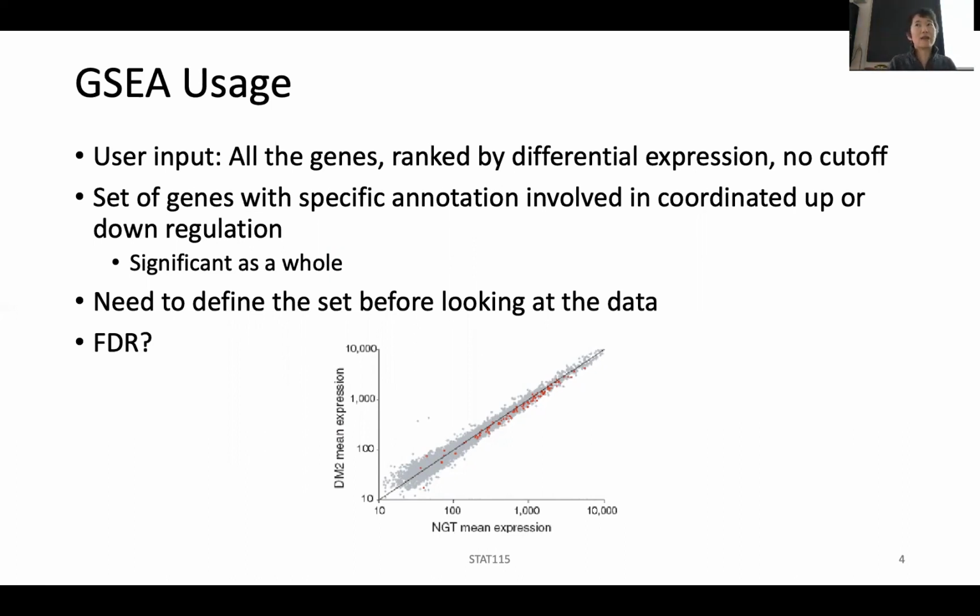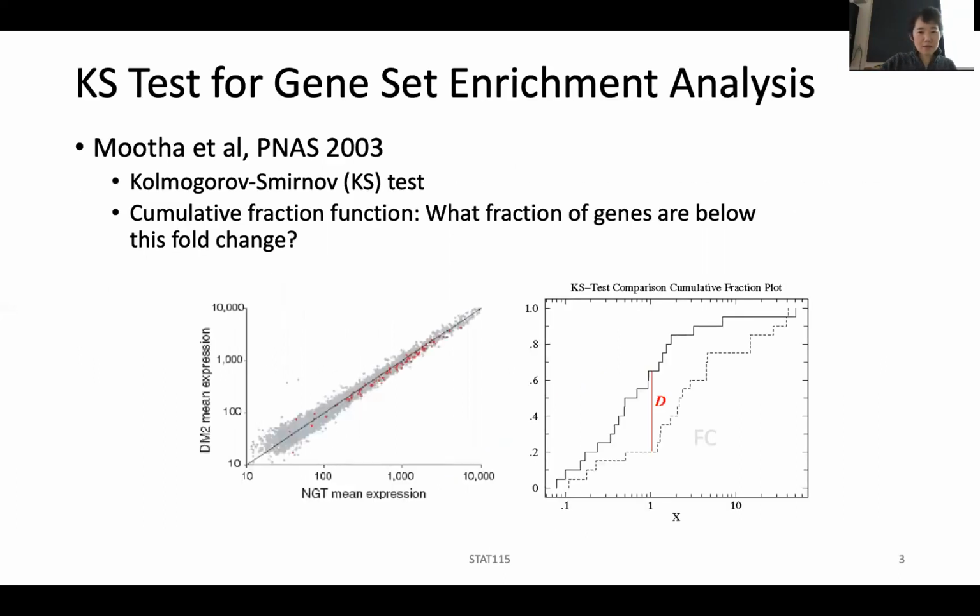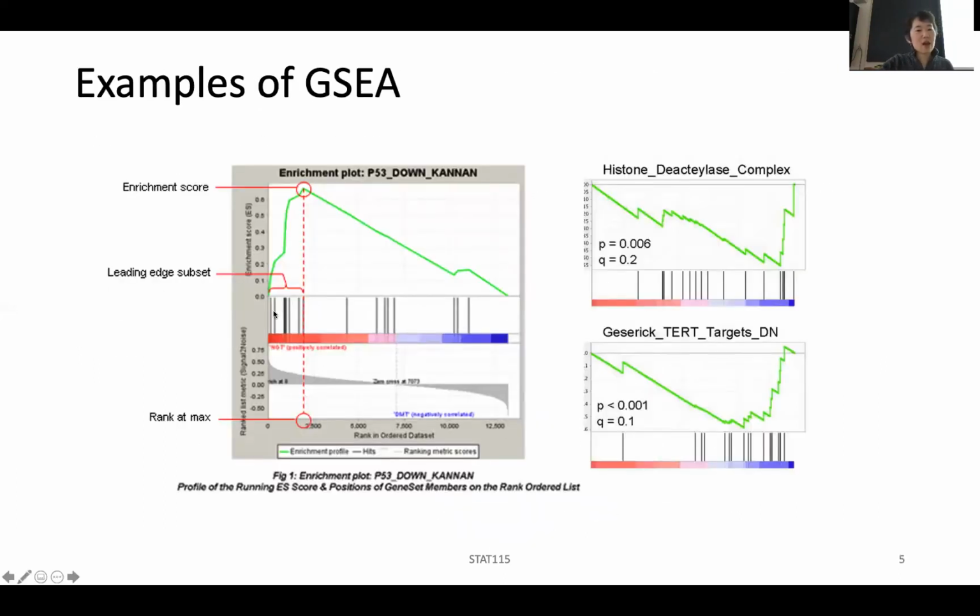The basic idea is to ask whether the genes annotated as having some gene ontology or pathways are skewed to the left or to the right compared to all the genes. GWAS is to ask, if you profile a lot of patients that are disease versus normal, whether some genes are associated with the disease at the DNA level, not at the gene expression level.